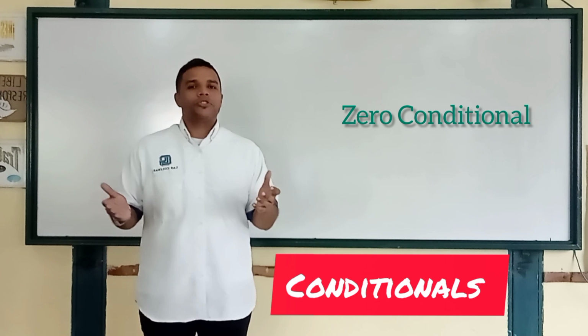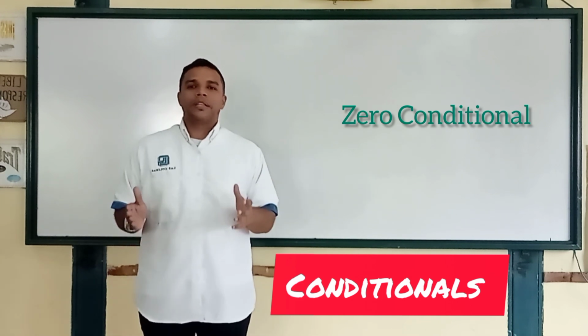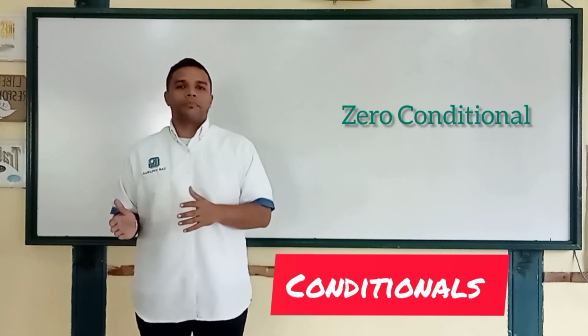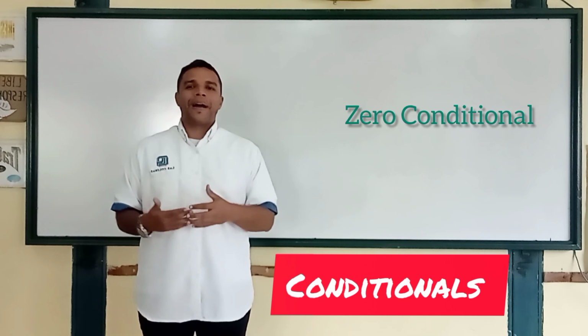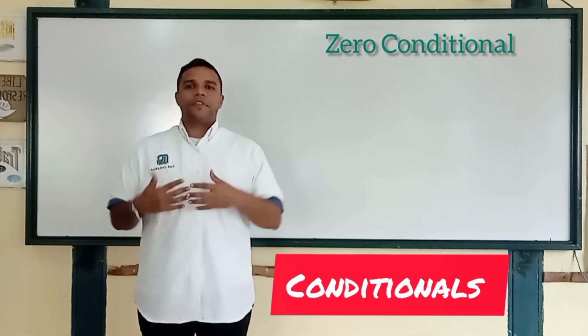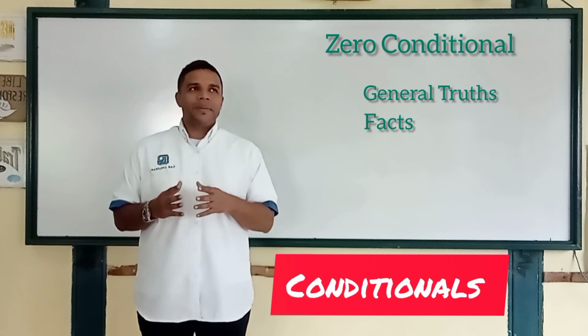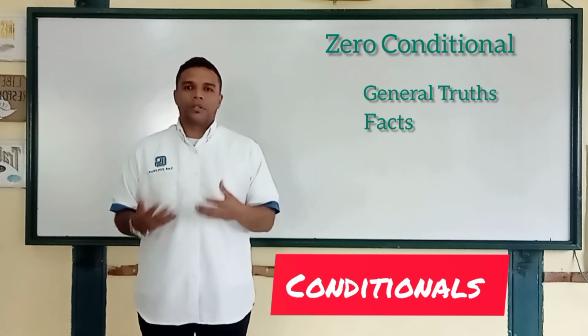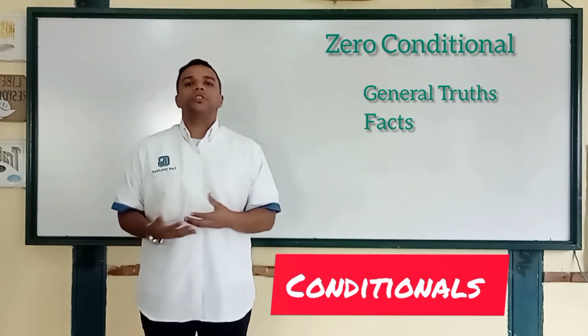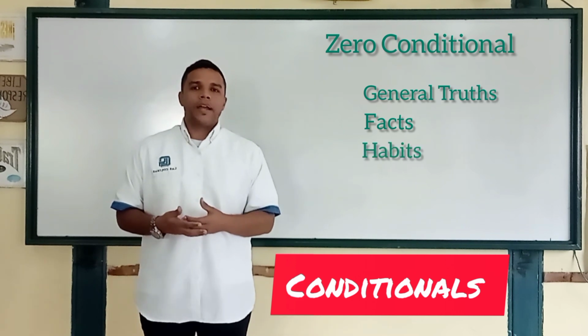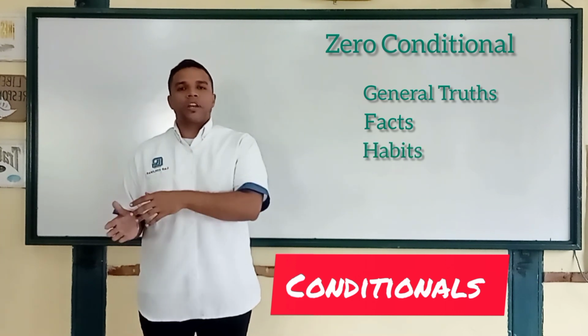The zero conditional is also called the factual conditional or the real conditional, because we use it to talk about realistic things, general truth, fact, things that can be real in the world. Okay? We also use it to talk about habits. All right? We're talking about rules.